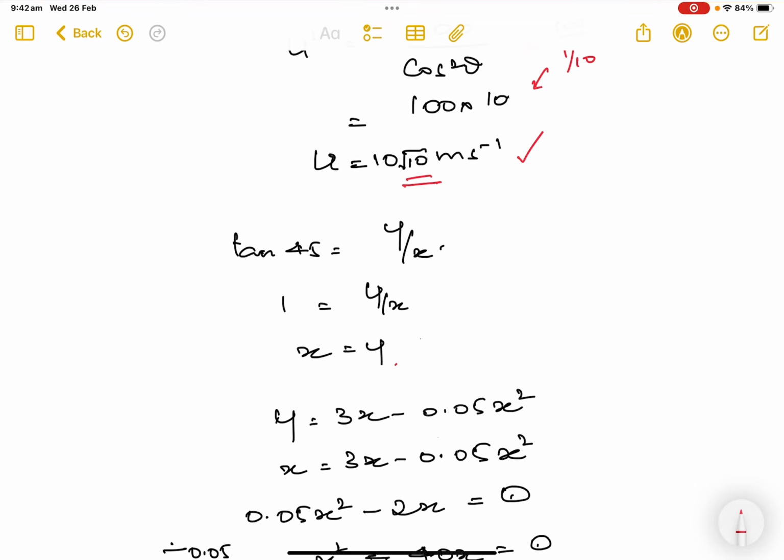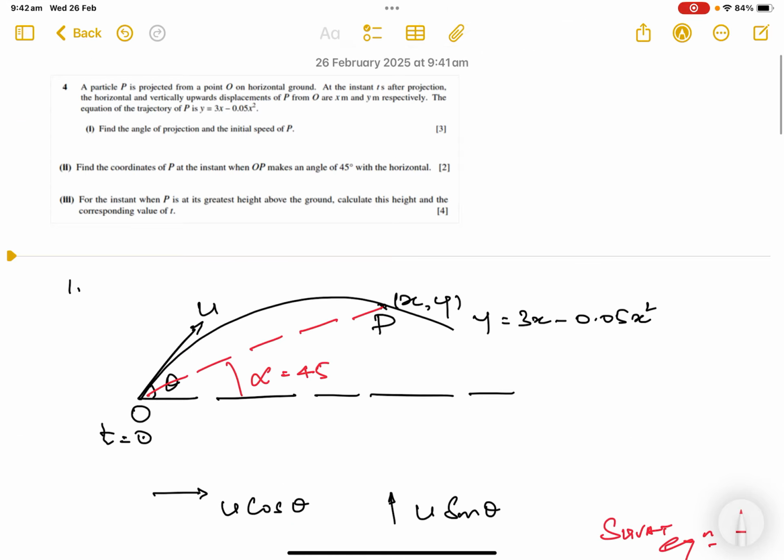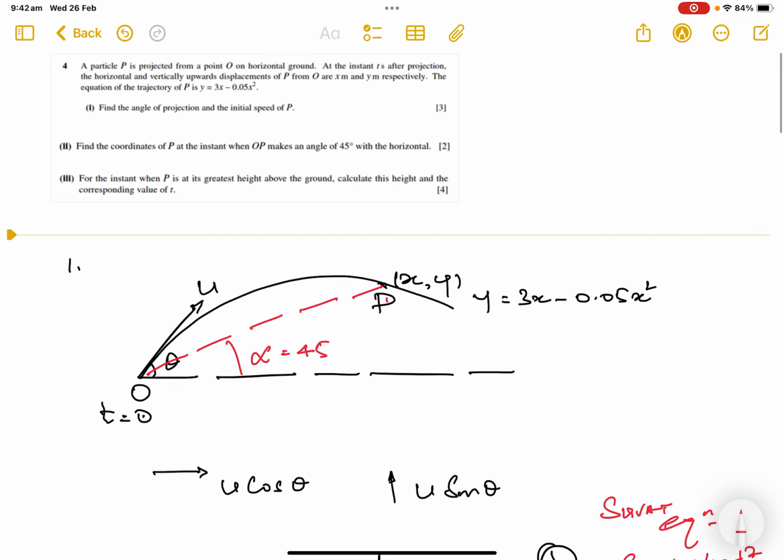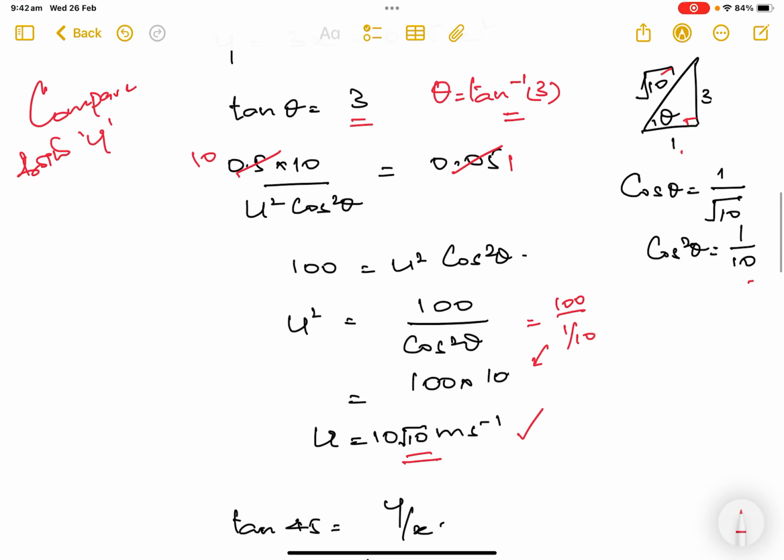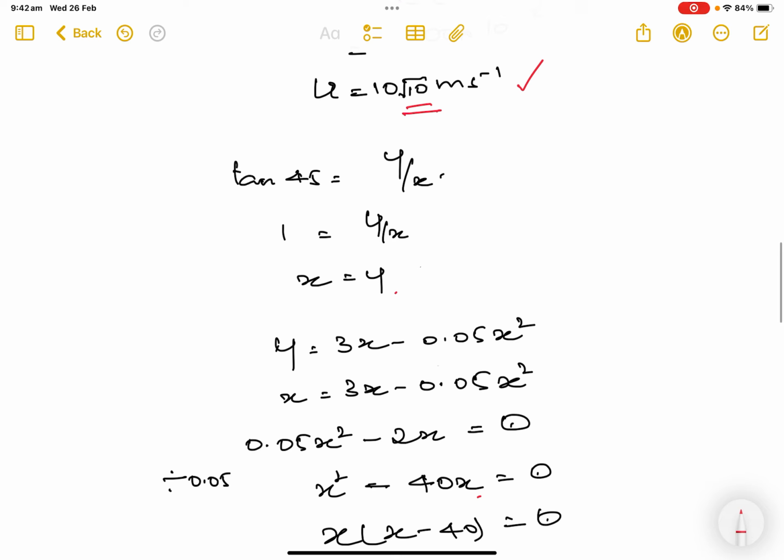It's tan: y over x, the vertical displacement divided by the horizontal displacement, equals tan 45. If you make that a triangle, this is x, this is y, so tan 45 equals y over x.